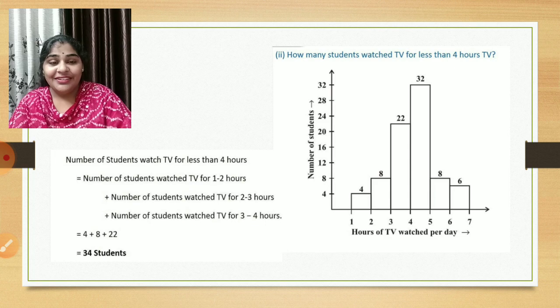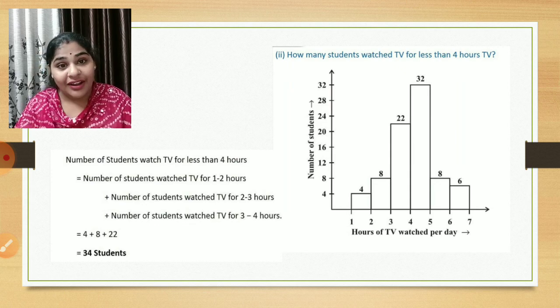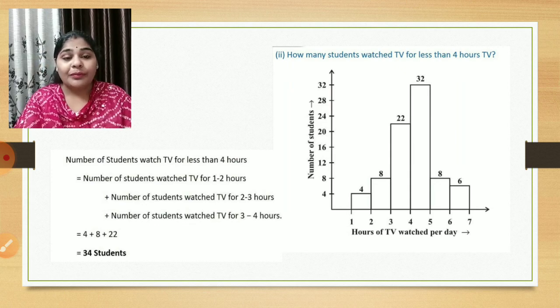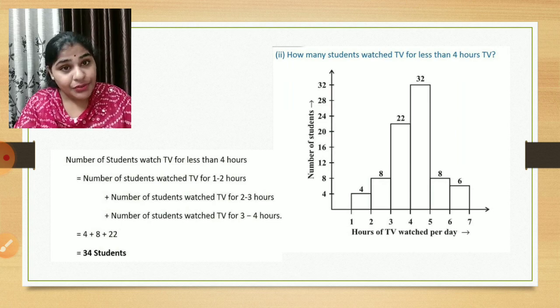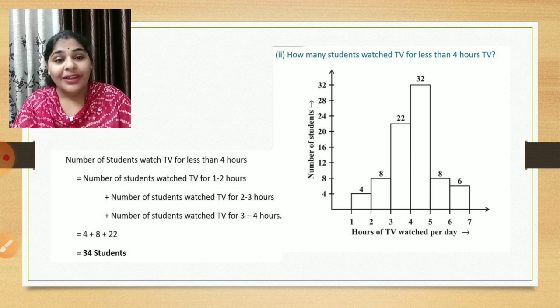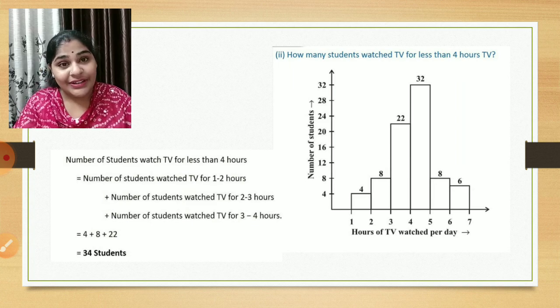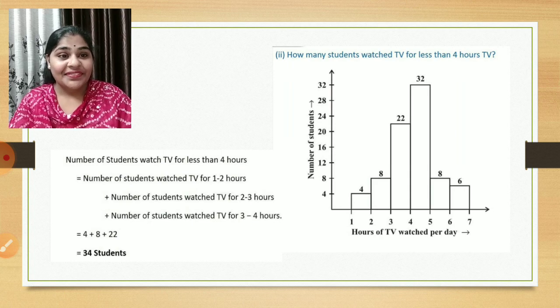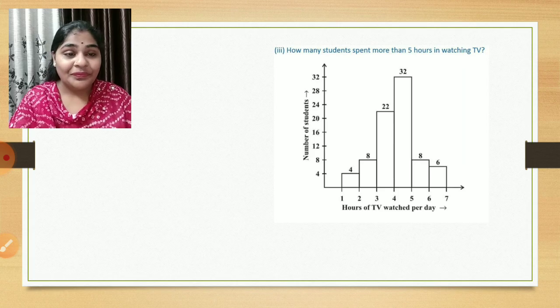So you will write the answer in your classwork, that is number of students who watch TV for less than 4 hours is equal to number of students for 1 to 2 hours plus 2 to 3 hours plus 3 to 4 hours, which is 4 plus 8 plus 22, which is nothing but equal to 34 students. I hope now it is very much clear how to read the histogram.